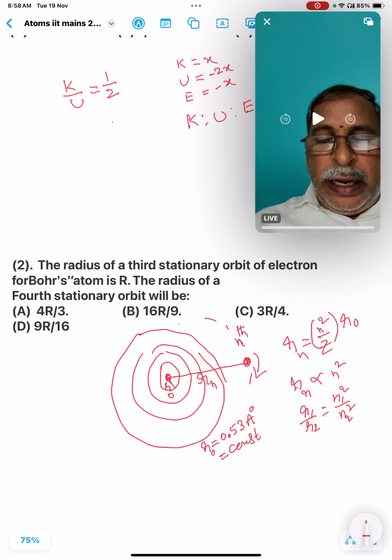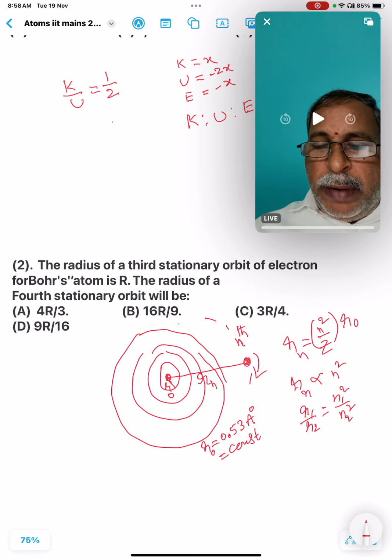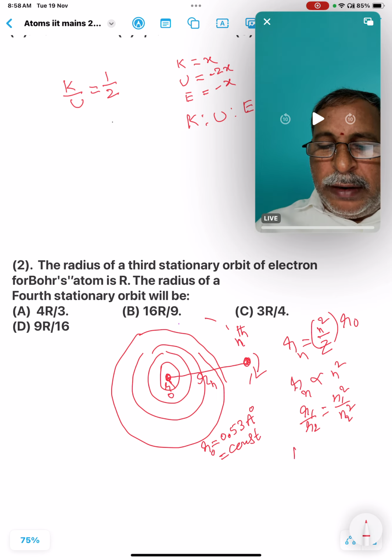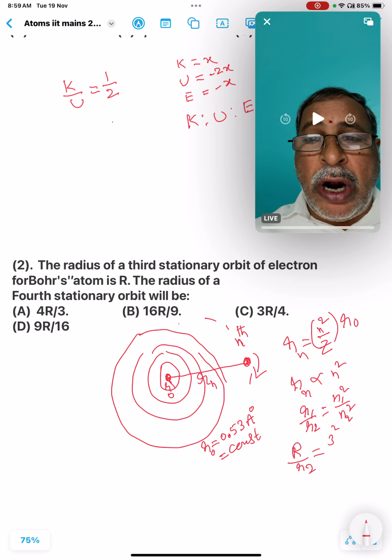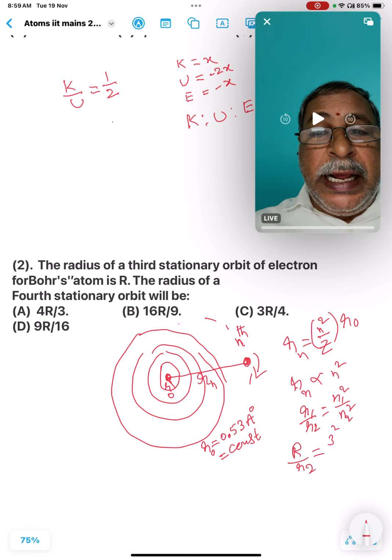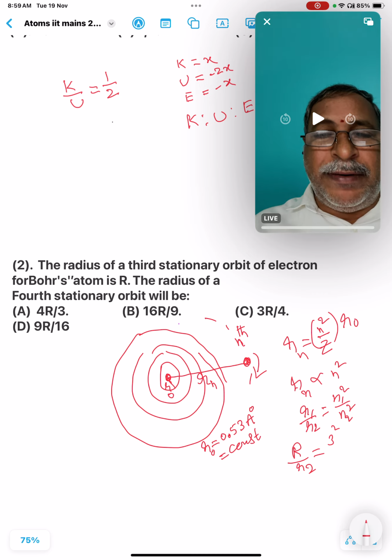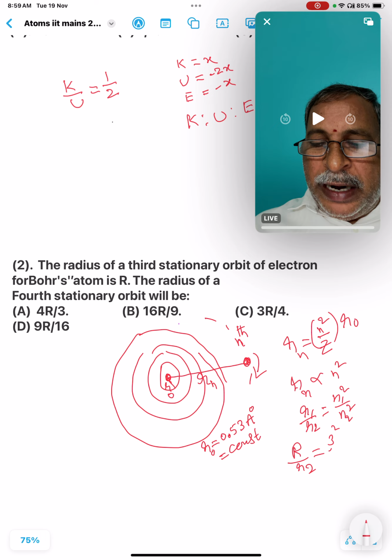So, R1 by R2. R1 is given as R, divided by R2 which we want, is equal to N1, the third state, so 3 square. Not third excited: if it is the third excited state, you should write 3 plus 1. But it is only the third stationary state, divided by the fourth stationary state, which is also an ordinary state, that is 4 square.